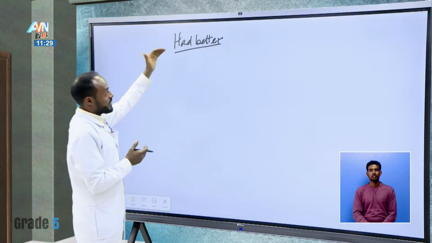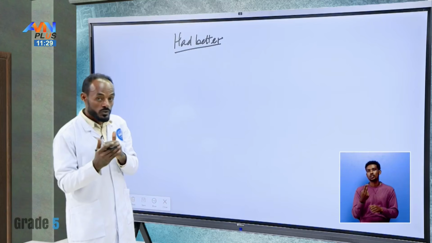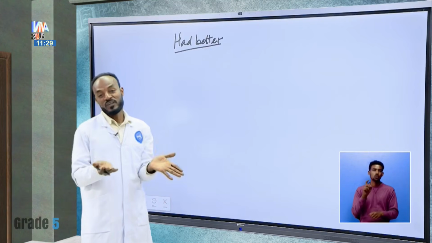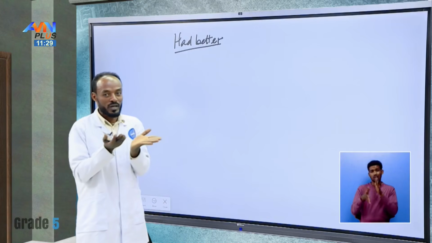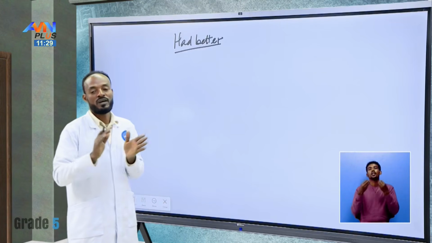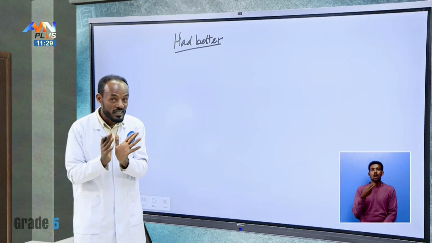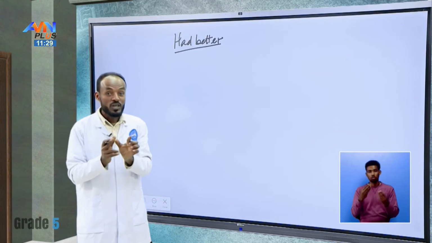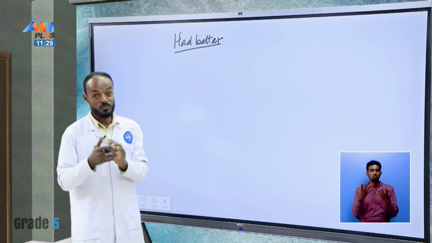Maybe we can use had better, ought to, and should to give advice. But they have a little bit of difference. Should is used to give normal advice. Ought to is more formal. Is it clear? Even if we do not use this much in our daily speech, it's more formal.